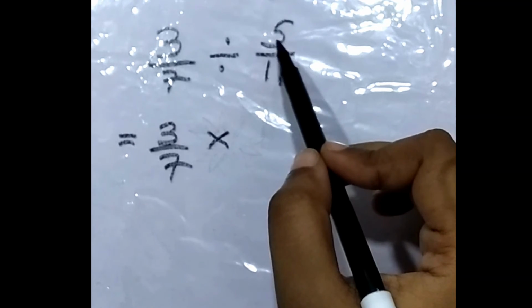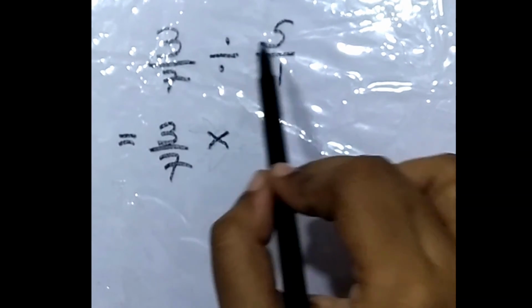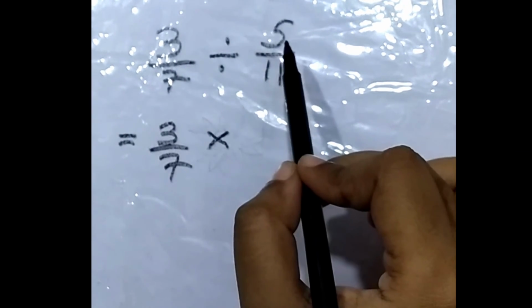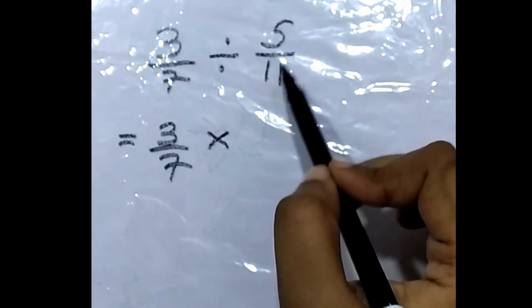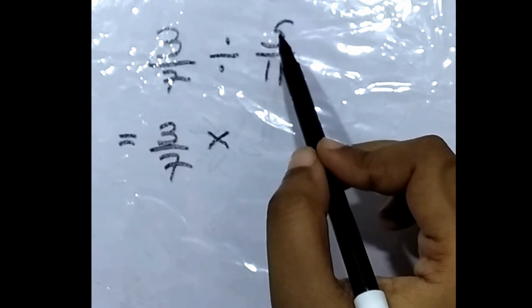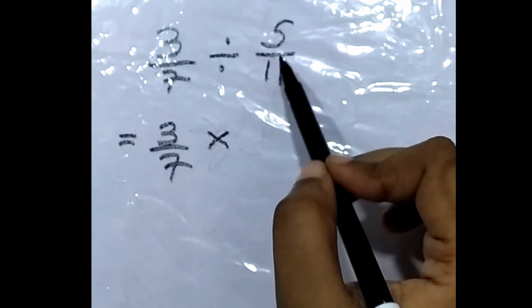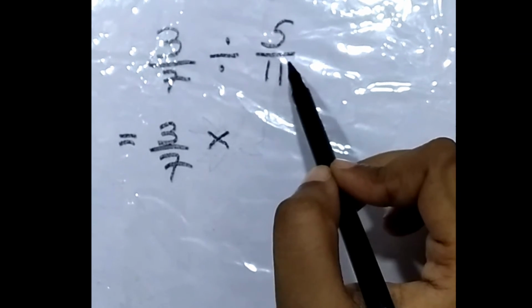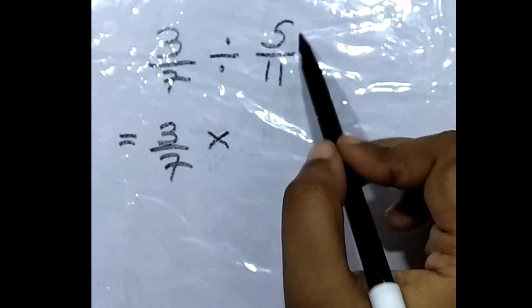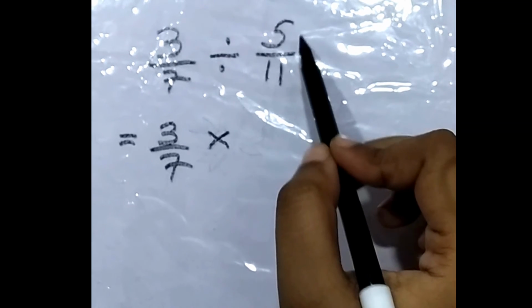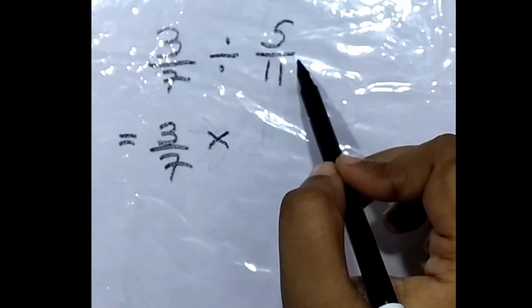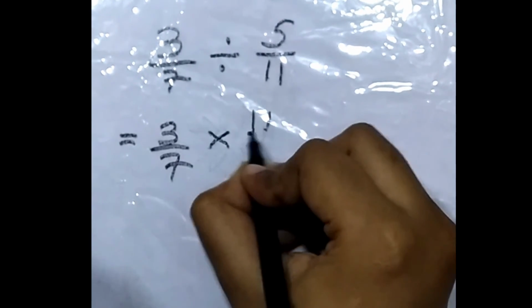And for the fraction which comes after the division, we will take the reciprocal or multiplicative inverse of this fraction. Here it is 5 upon 11. So what is the reciprocal of 5 upon 11? 11 upon 5.